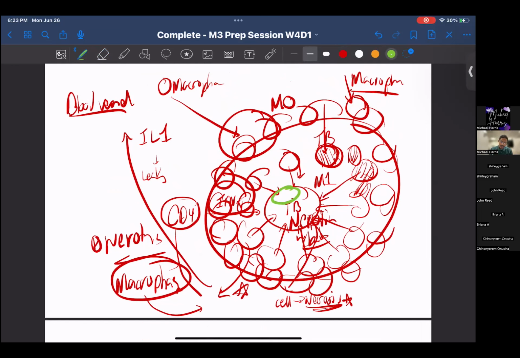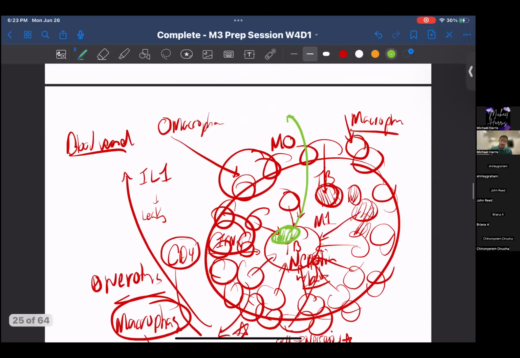No new macrophages means TB will eventually break out, which is what ends up happening, and you get a reactivated TB because you start losing these macrophages on the outside. So it's almost like you're weakening the wall.